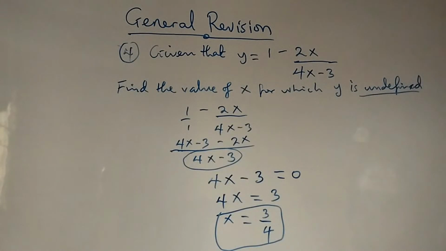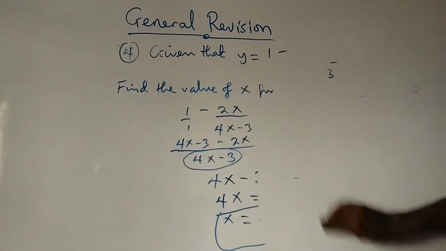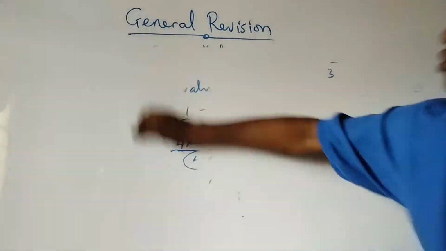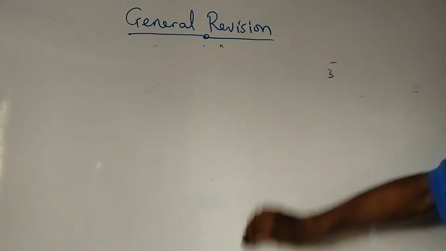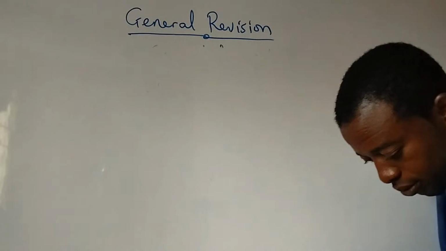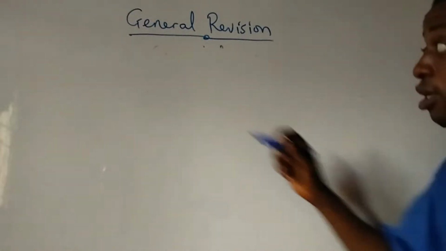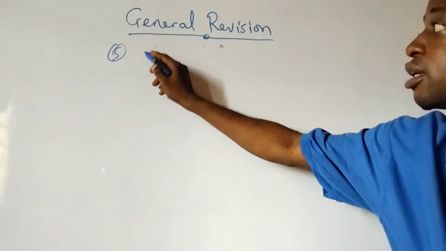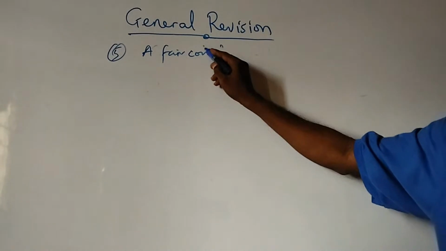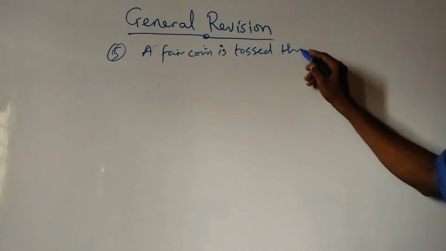Question number 5 here. Okay. We have question 5. And in this question, a fair coin is tossed 3 times.